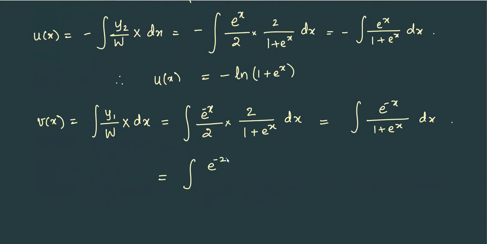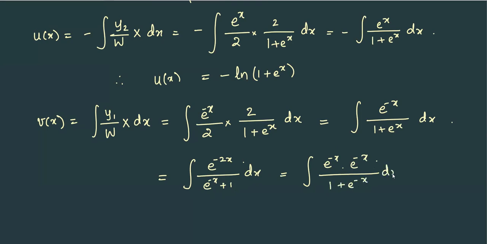We get e power minus 2x by e power minus x plus 1 dx. So this is e power minus x into e power minus x by 1 plus e power minus x dx. Now substitute e power minus x as t.